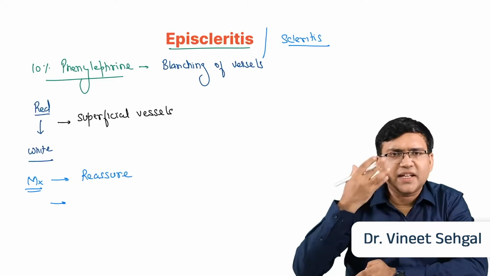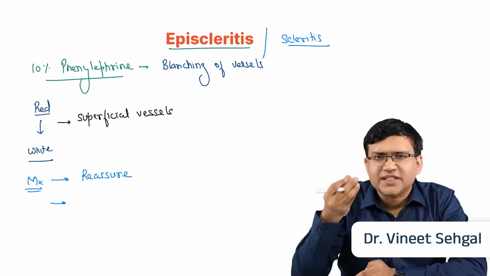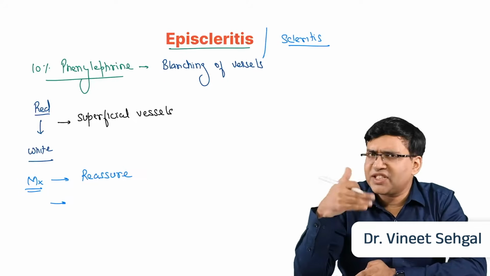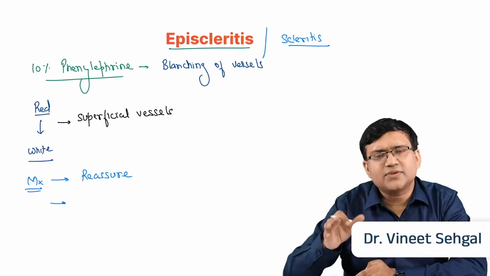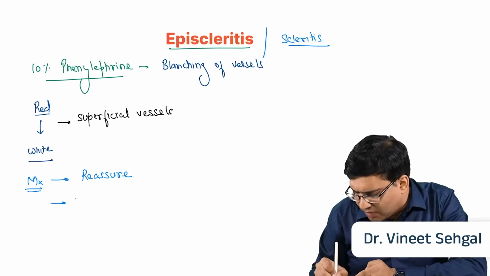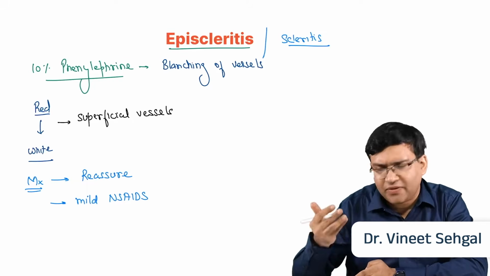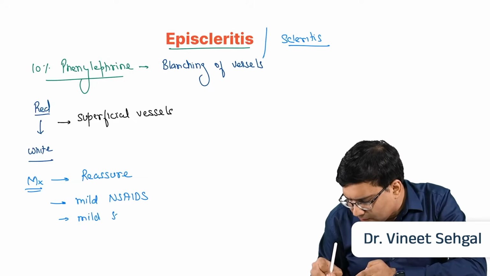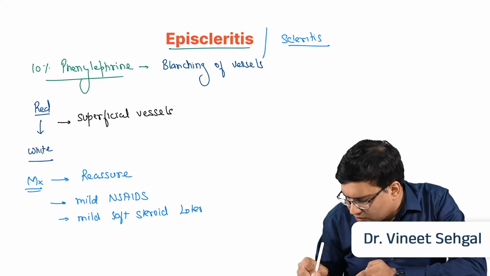In cases where the patient says, sir, this redness is bothering me, there is a foreign body sensation and mild pain, but the patient does not feel too much pain and is not very concerned, only in those mild cases where you want to get rid of the symptoms, you can use mild NSAIDs like nepafenac, flurbiprofen, or soft steroids like loteprednol or fluorometholone.